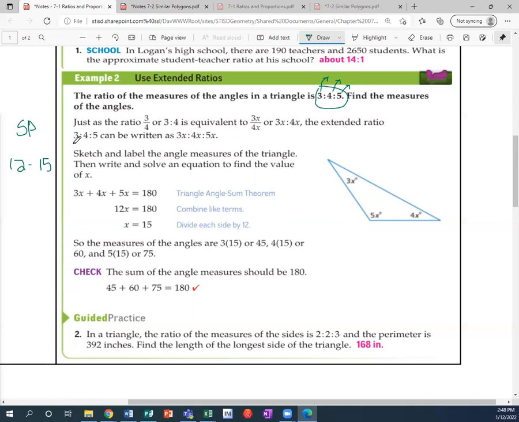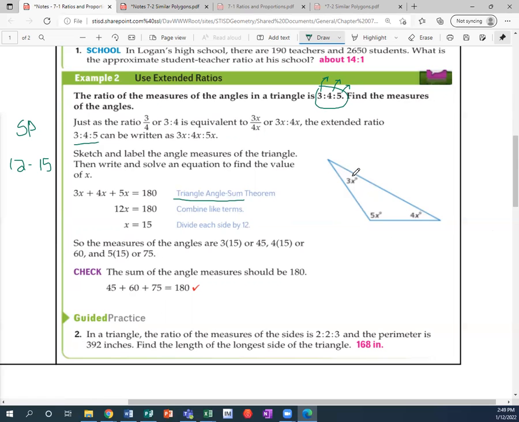And so you can extend this ratio that is 3 to 4 to 5 as 3x to 4x to 5x. And the reason this is helpful is now we can look at, say, something like triangles that have a real easy to remember angle sum and give you scaled up versions of these triangles.